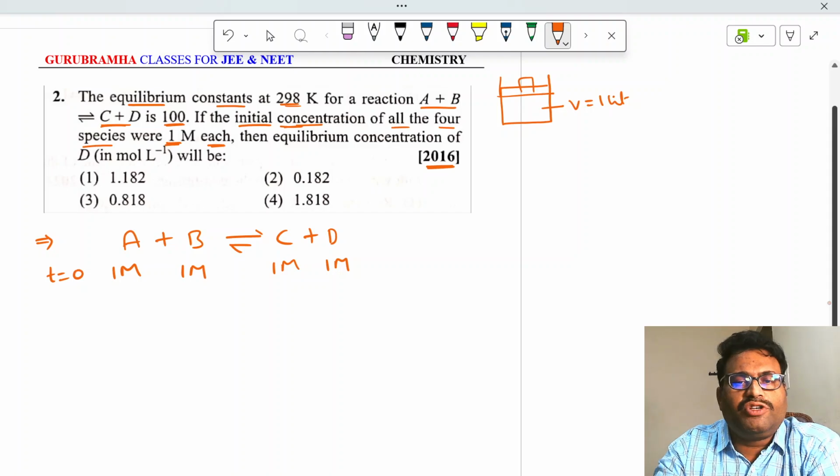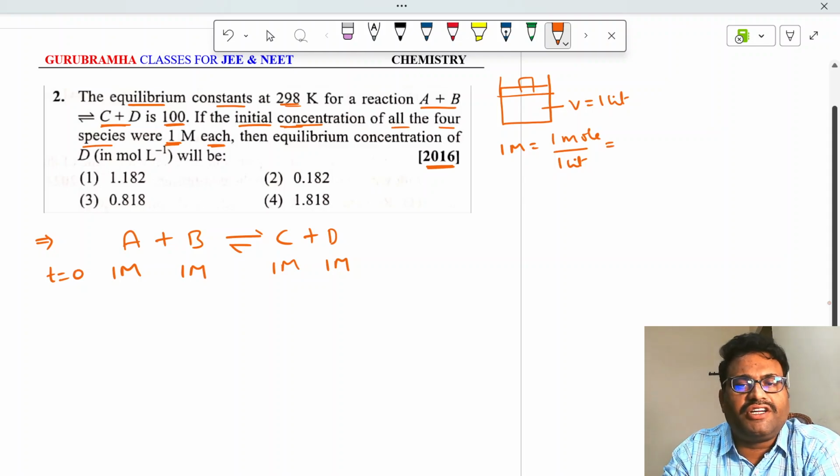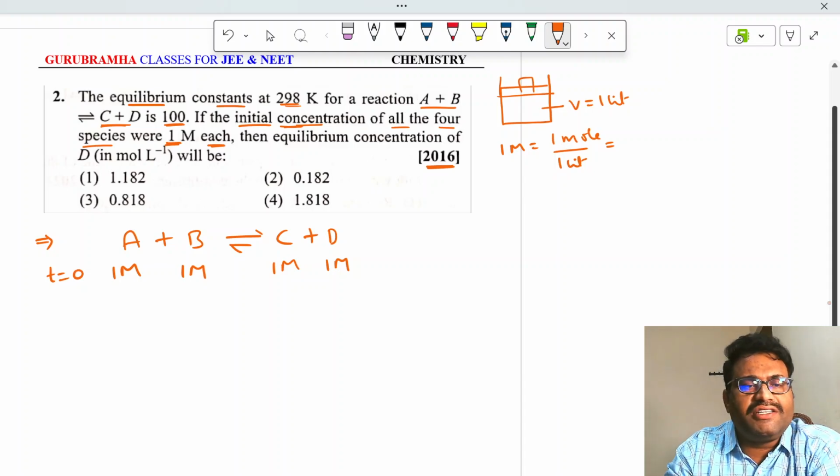So 1 molar means, if the volume is 1 liter, the number of moles is 1 mole. 1 mole per liter is 1 molar concentration. So this reaction is completely happening in a 1 liter container. So 1 mole, 1 mole, 1 mole, 1 mole.